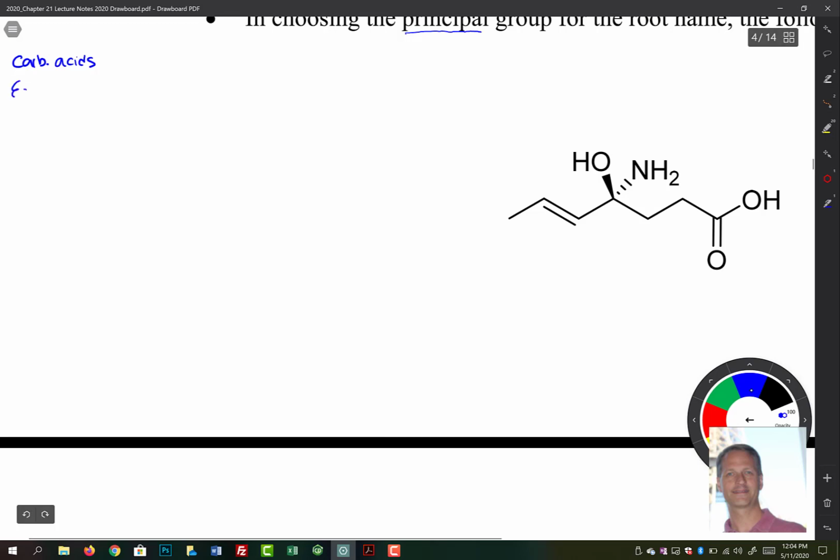So next comes esters. After that, we have acid halides, right? In general, acid halides are mostly, we'll see acid chlorides here. And then we have amides. Nitriles next. Then we have aldehydes and ketones.